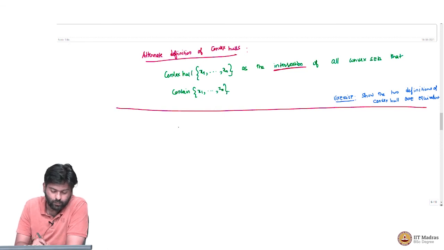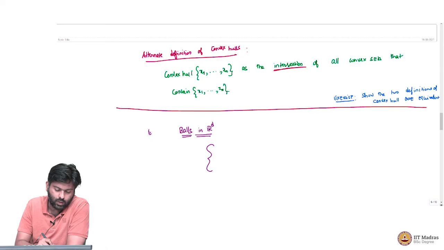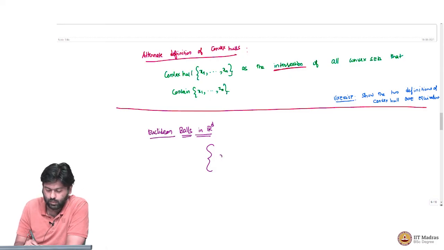Okay, here is one more example of a convex set, like balls. So what are balls in, let us say, R^d? These are Euclidean balls. So the set of all x such that the norm of x is less than or equal to some theta.